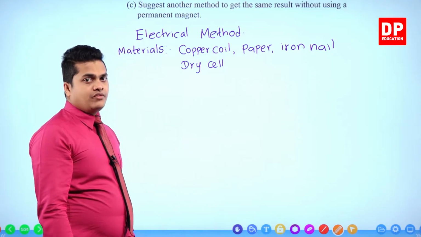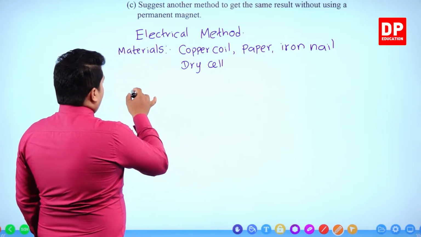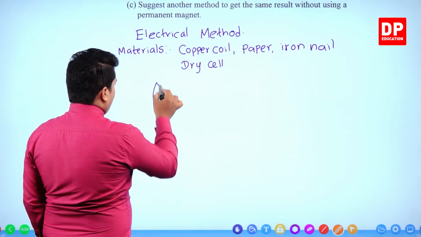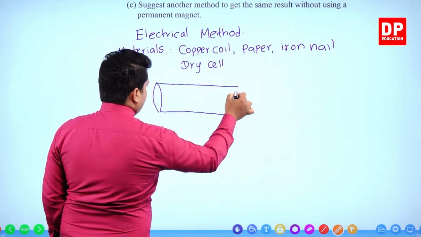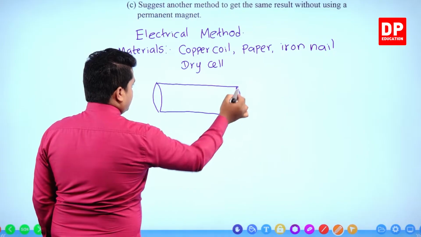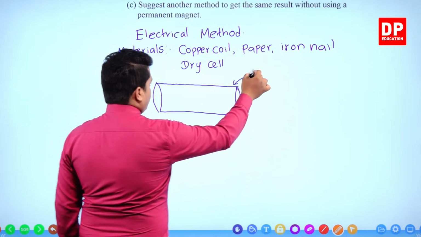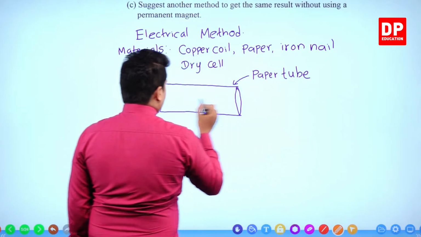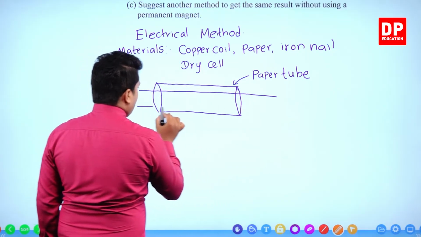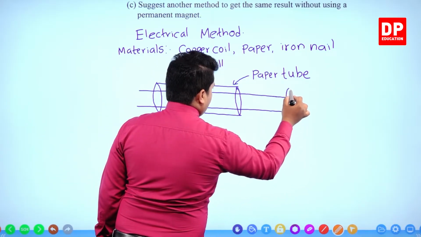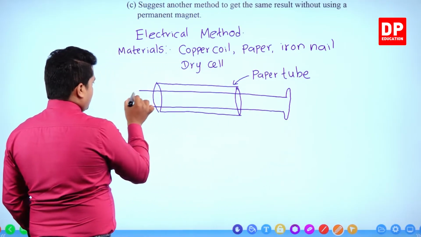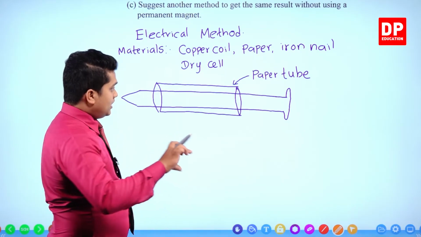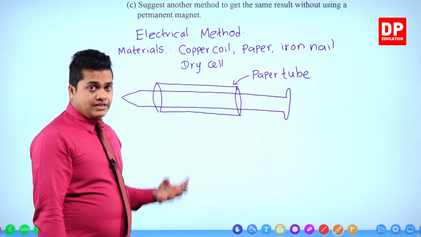Then what you have to do? I'll draw and show the figure. First of all, we need to make a tube like this by using the paper. So this is the paper tube. Then we need to insert that iron nail into the paper tube like this.